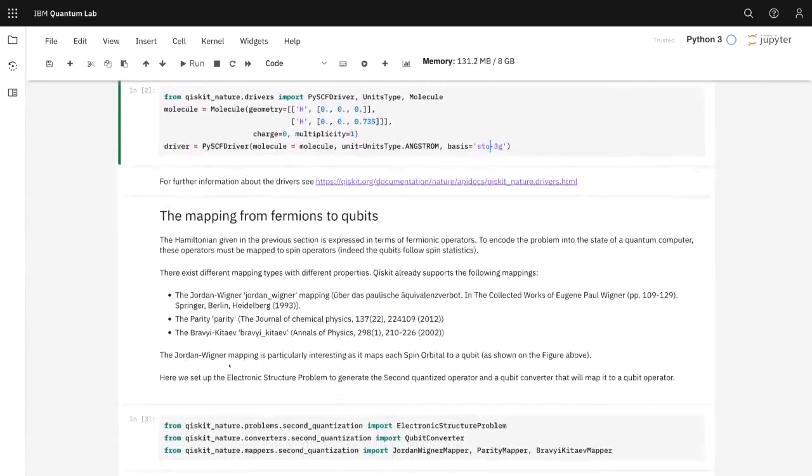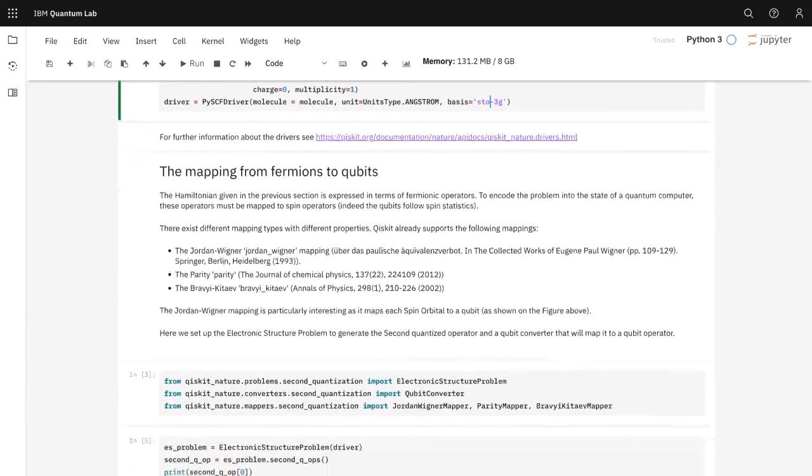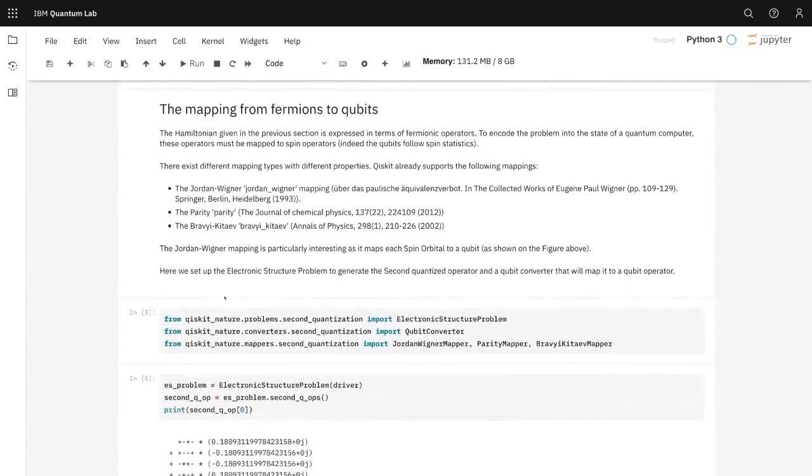So feel free, if you want to run something later, to refer to their materials. So to refresh on the mapping, there are three main methods of mapping that are coded in Qiskit, and we will look at the Jordan-Wigner and parity mappings here.